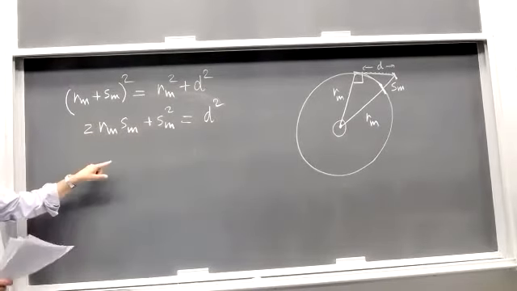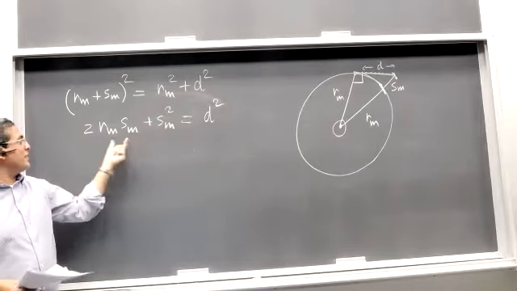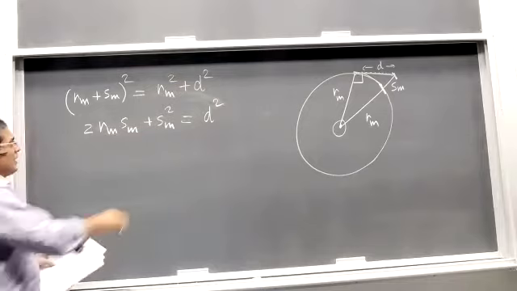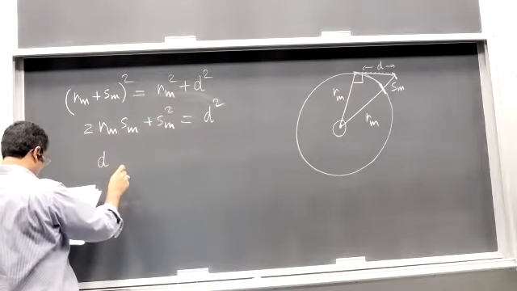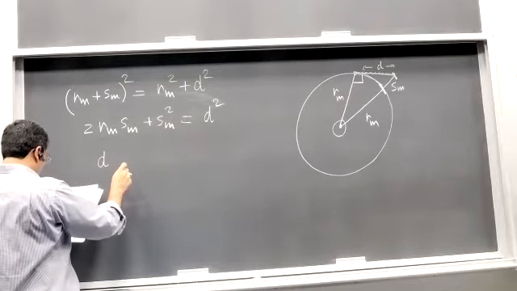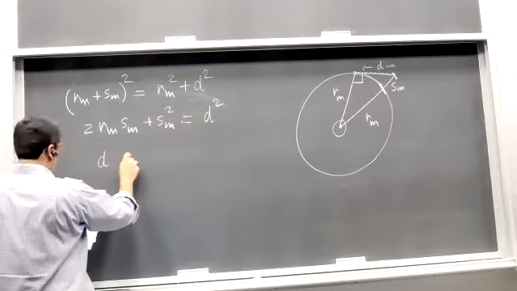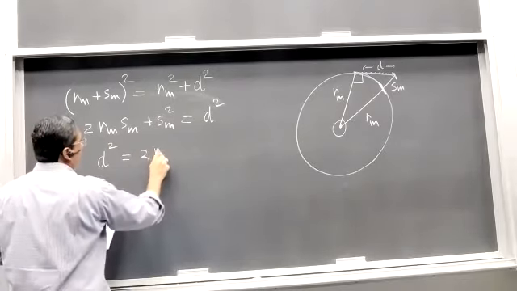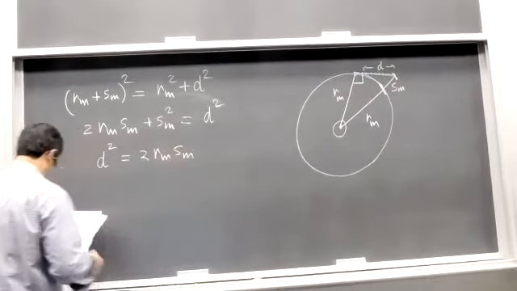Now you see that this distance SM is very, very small compared to the radius RM or compared to D. So we just basically ignore it and we get the relationship for D: D square equals 2RM SM. All right.